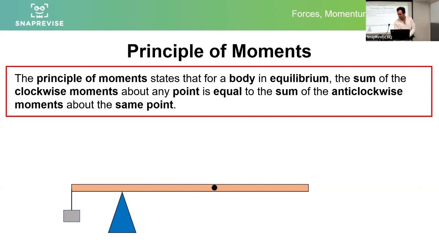This is directly analogous to saying that when we talk about linear forces for an object at rest, all the upwards forces have to equal all the downwards forces, except instead of up and down, we are talking about clockwise and anti-clockwise. It's a direct analogy, so everything you've learned before, you can apply once again.